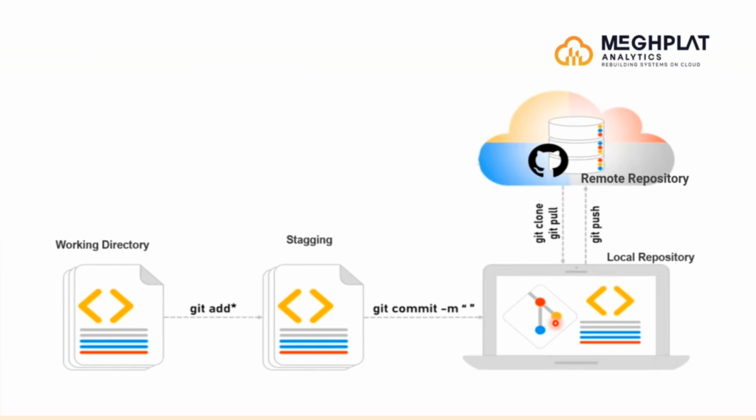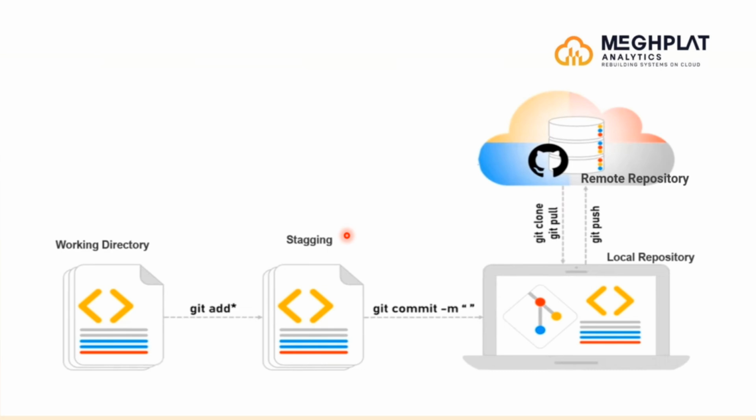So in this case we can use the git pull command. It pulls all the latest files which are already available in the remote repository into our local repository. This is how GitHub works, how the directory works, and staging. What is git clone, what is git pull, what is git push.